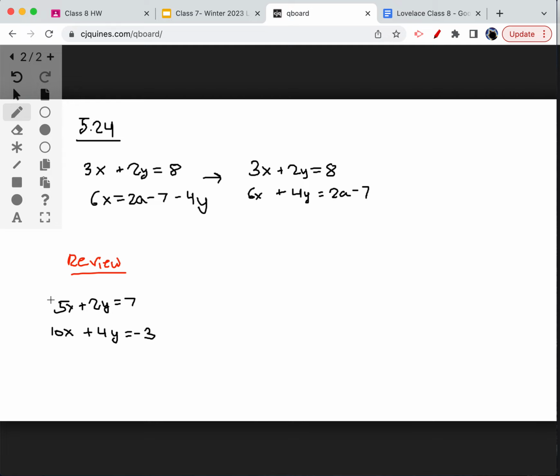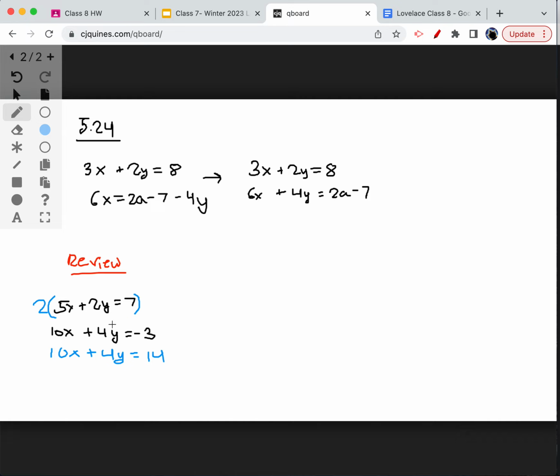So obviously we'll try to solve this system using some method. Let's just say we use elimination. So to use elimination, we'd multiply this first equation by 2. So you get 10x plus 4y is equal to 14.